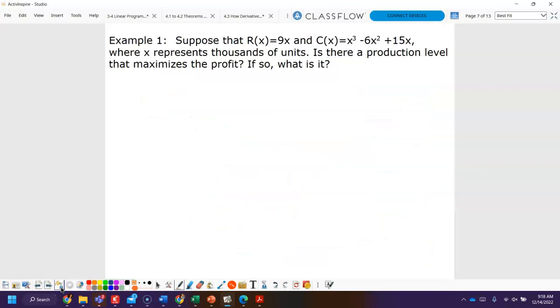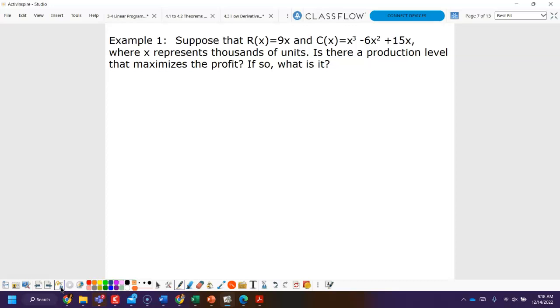And really, that's all we would do when we work our way through a problem. So we have R of x equals 9x, C of x equals all of that. Is there a production level that maximizes profit? So how would you maximize profit?